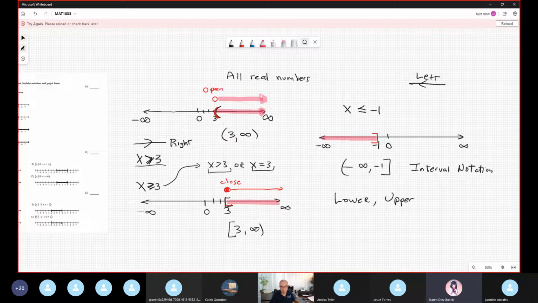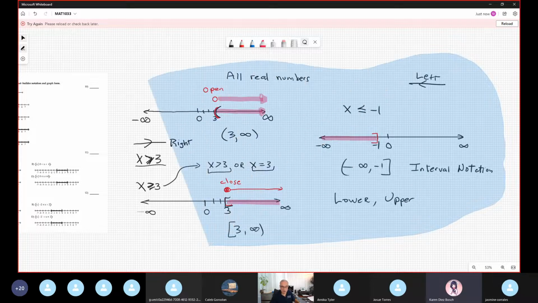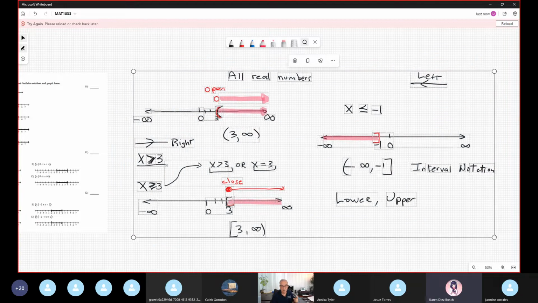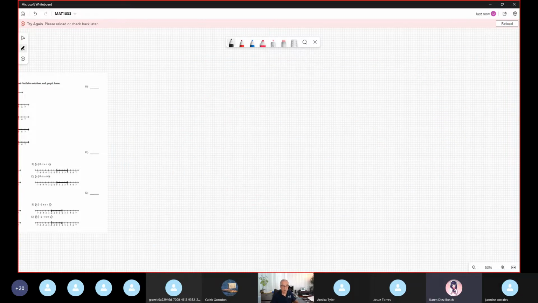Another thing, pay attention, because now it's a little bit complicated. This is easy when you have only one inequality. But when you have a compound inequality.